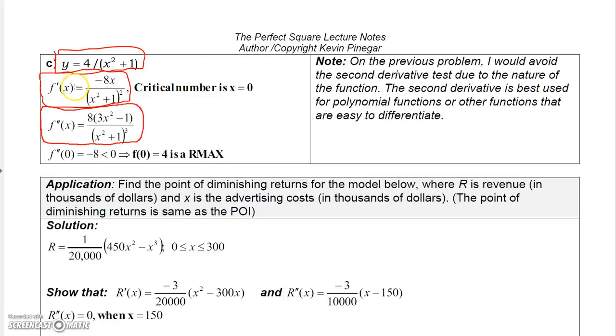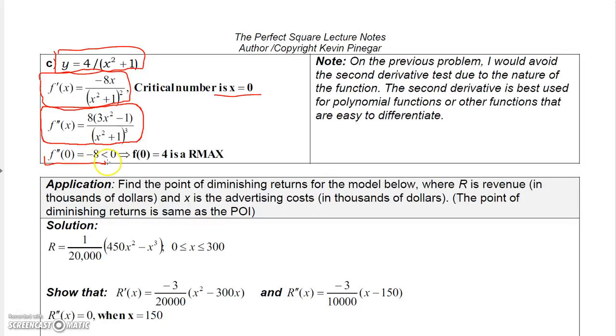But anyway, from the first derivative, you can see that the critical number is 0. Now go to the second derivative and plug 0 into it to see if we get a negative or positive. Well, if I plug 0 into the second derivative, I'm going to get 8 times minus 1, so I'm going to get -8 on top, and the bottom is going to be 1 cubed, so I'm going to get -8. So the second derivative is -8, and that's less than 0.